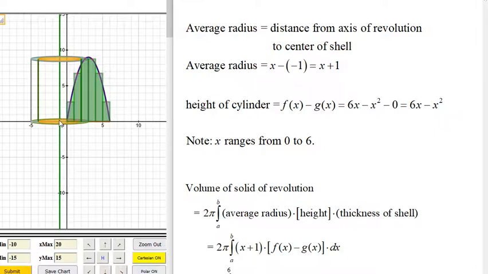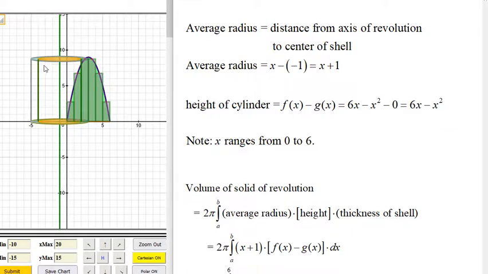But our radius is going to be from the axis of revolution to the center of the shell. And so it will be x minus -1. Or we can think of it as the distance from here to here is 1, the distance from here to here is x, so it will be 1 plus x, and we get x plus 1. And that will be the average radius.